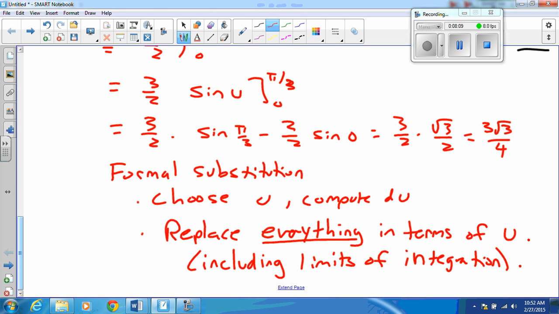If you are disciplined about not having mixed forms so that you don't have u's and x's together in your integral, then this will be fairly easy because you'll have the mental picture that in your new integral, everything has to be u's, including the u values for the limits of integration.